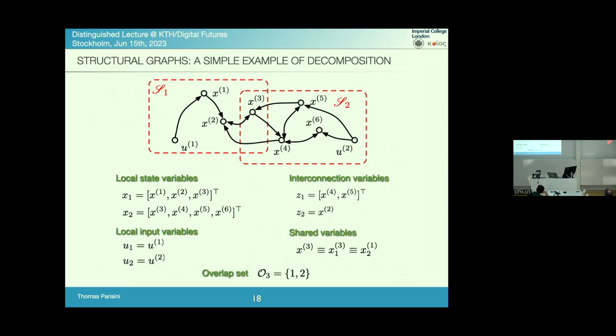That's just a notation. But this is just to say that the way in which you decompose the big system matters quite a lot. And there is a whole research area, it's an open problem, of what is the optimal way to decompose a big system. It's a very difficult one. I'm not presenting any solution here. I have some papers, but it's very hard to prove something in that respect.